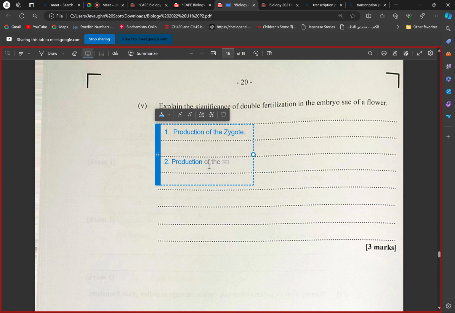I was asking, does the endosperm have the ability to develop into the cotyledon, or does it remain as it is? Could somebody answer that?